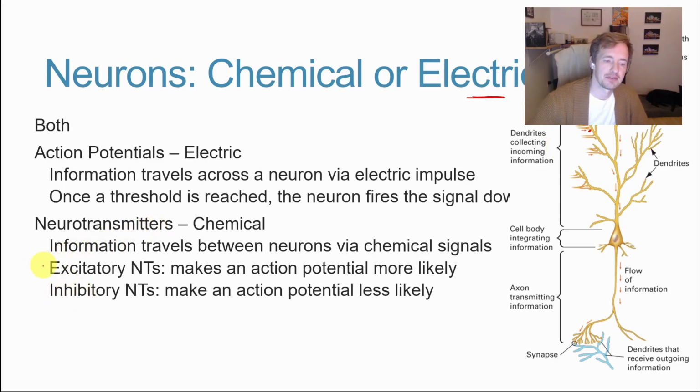So we can have excitatory neurotransmitters, which means that the cell receiving the neurotransmitter is more likely to fire, but we also have inhibitory responses, which means that the action potential is less likely to fire. We've used some of this language already this semester, especially in the past couple of weeks.